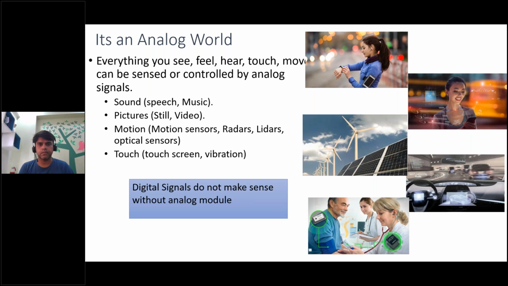But the reality is, if you take any product which you think is digital, let's say a very ubiquitous digital product like a cell phone or a laptop, it has to be used by humans, right? So you have to see the display. The display is analog. The device has to be turned on, and you need power supplies for that. That is analog.